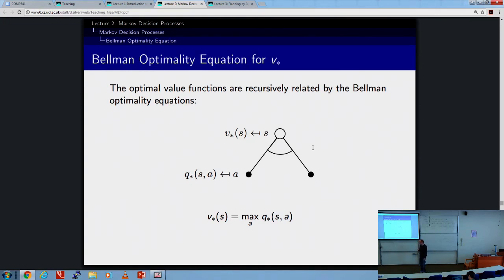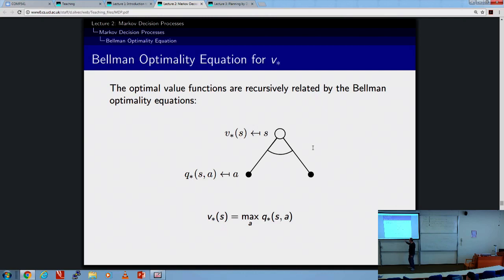Okay? So what was the expectation equation for V pi in terms of Q from before? Does anybody remember? R plus transitions times Q. That's right. So the expectation equation for V was the immediate reward R plus a summation over all possible actions of the probability I'm going to take that action times the Q value for that action. Instead, here we have this.